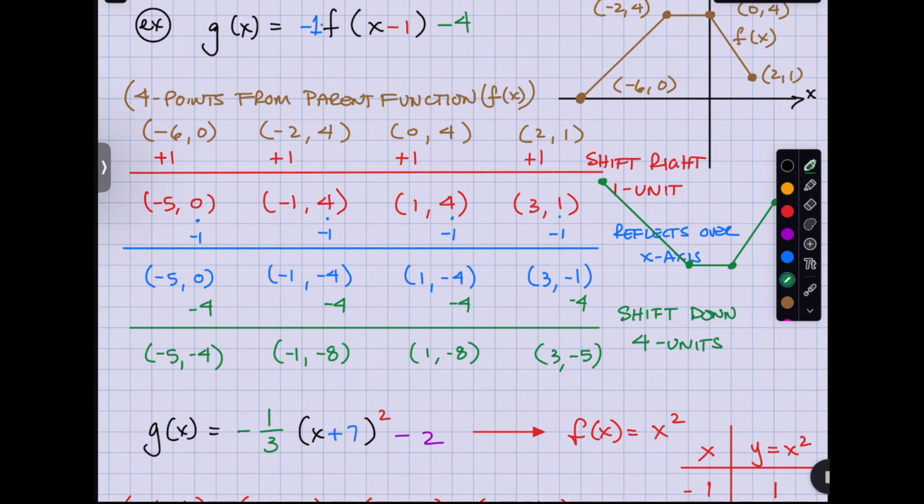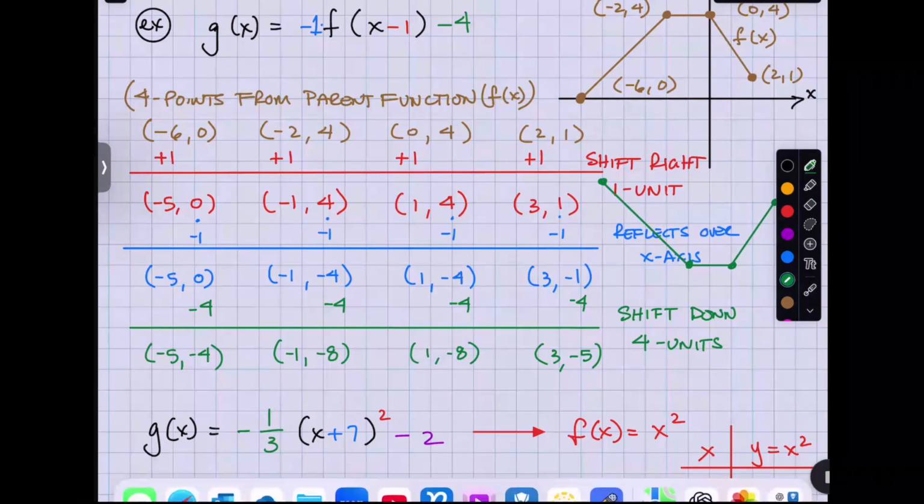What did we do first? Read it right off of there. 4 points from the parent function. That's what we did, yes? Okay. So that's the first thing we would do, is choose 4 points from the parent function.